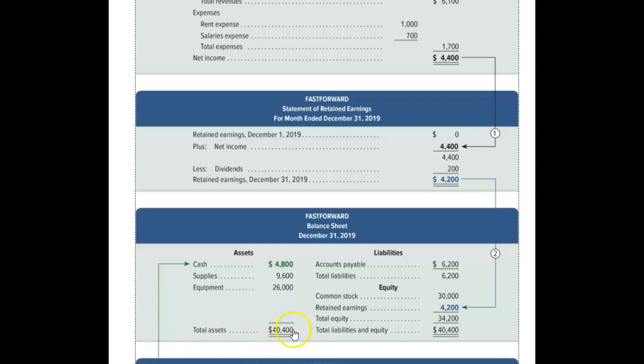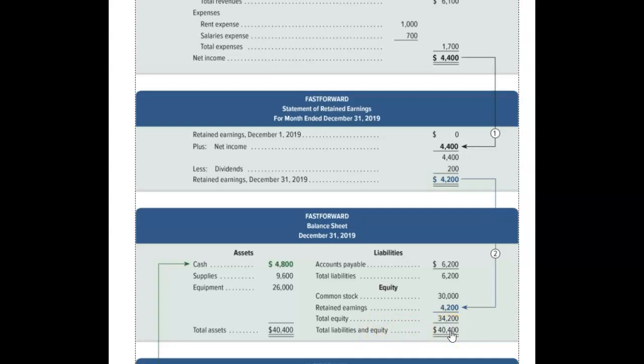Total assets $40,400. The liabilities and owner's equity are listed on the right side of the financial statement, and they also total $40,400. So the balance sheet is in balance. Total assets do equal total liabilities plus owner's equity.